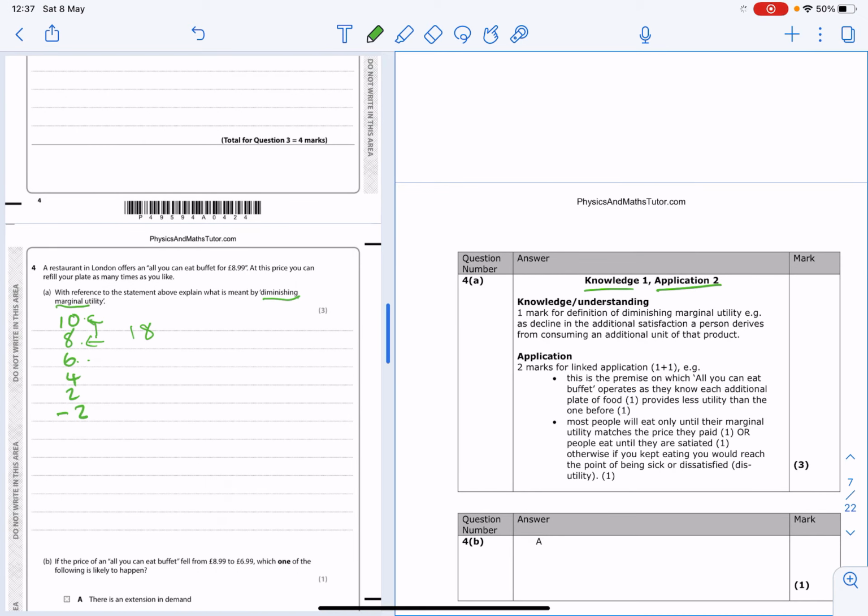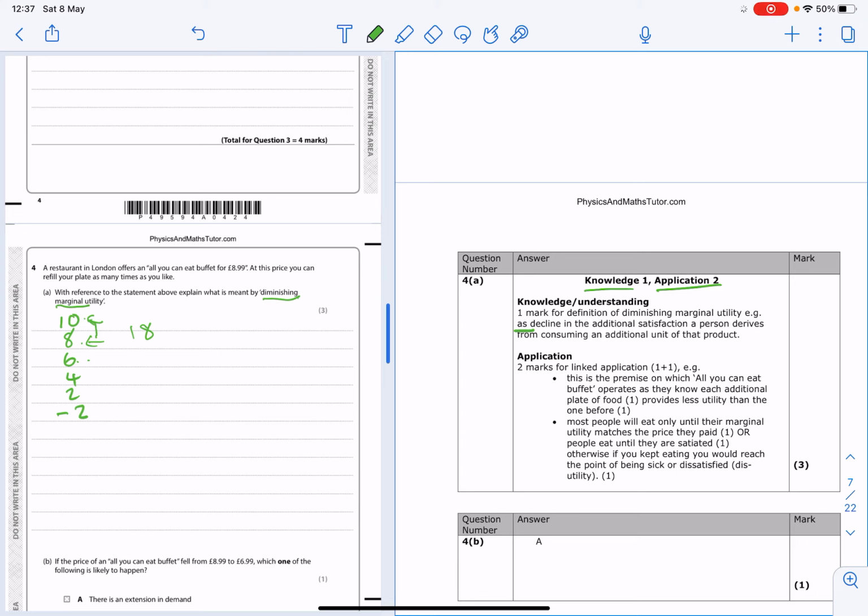So 1 mark for diminishing marginal utility, e.g. a decline in the additional satisfaction a person derives from consuming an additional unit of that product. Now you could do it in terms of numbers, but we have one more unit, or one more plate of food. The first plate's really nice, the second plate you don't get as much utility from.